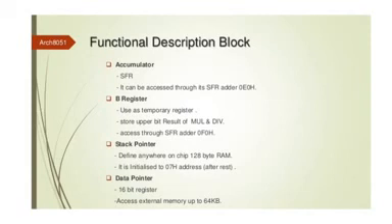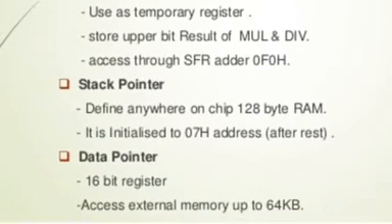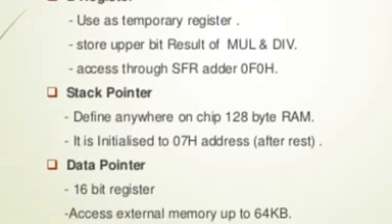Whenever it is trying to store a value on the stack, the SP value, nothing but the stack pointer, changes. What does stack pointer mean? It is where it is pointing. Initially, on reset, it is pointing towards the 07H address. SP is nothing but stack pointer.